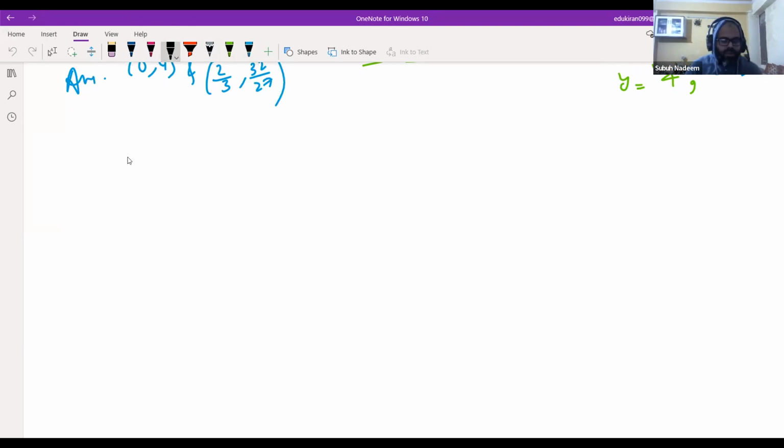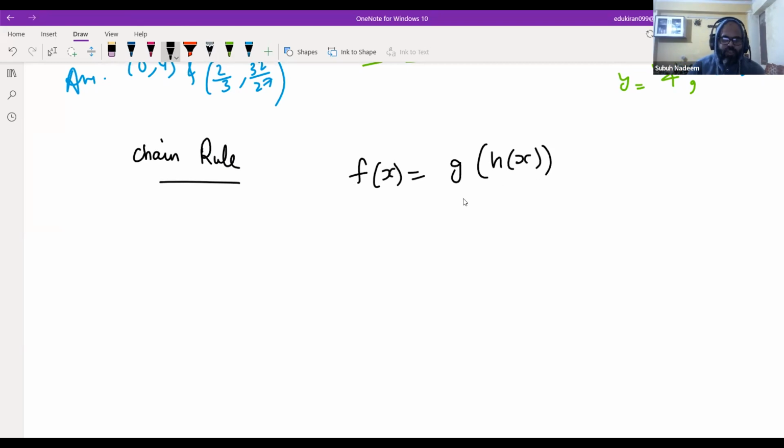So first of all, the chain rule, or the derivative rule of composite functions. Suppose there is a function f(x) equal to g of h(x). What do we mean by g of h(x)? The next slide gives an example: 2x plus 3 to the power 4, and this function is f(x).